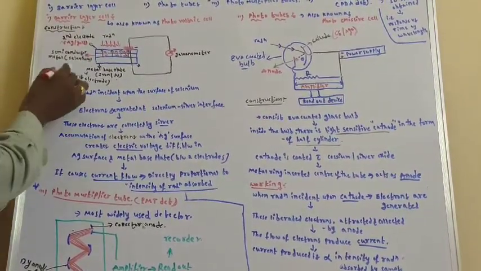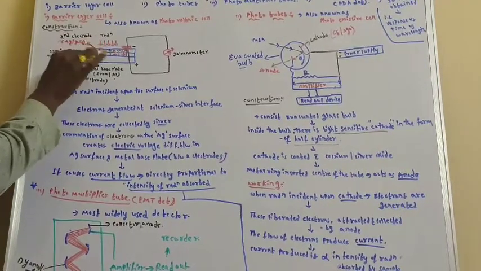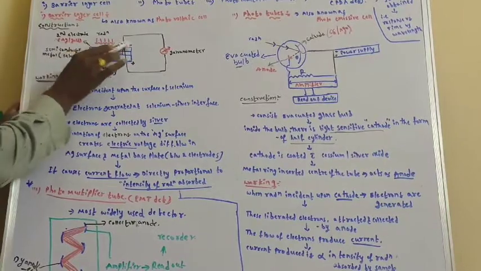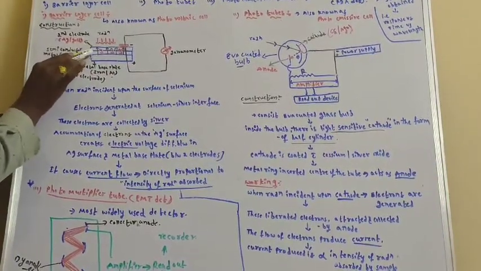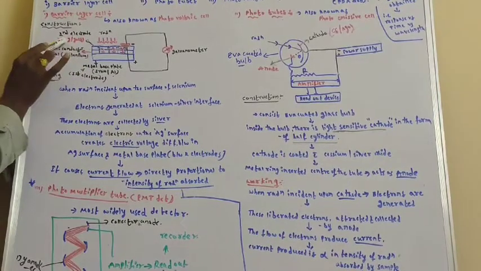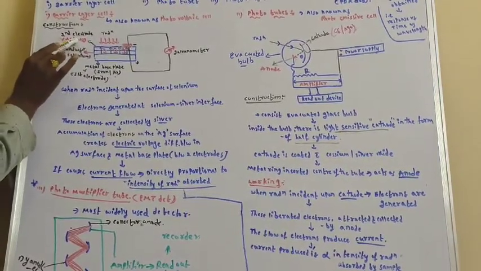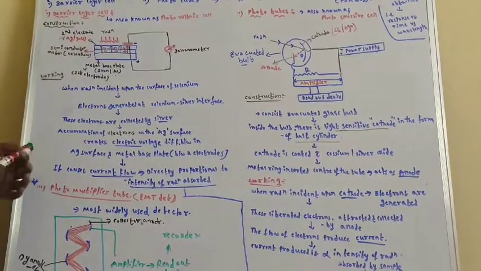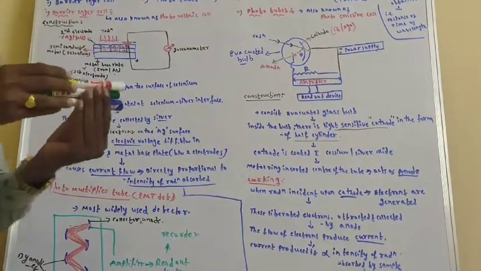Then the selenium is covered with silver or gold metal. The bottom middle one is the selenium layer, and the selenium layer is covered with silver or gold metal. The upper one is the silver or gold metal. Overall, you can see the arrangement is like this.